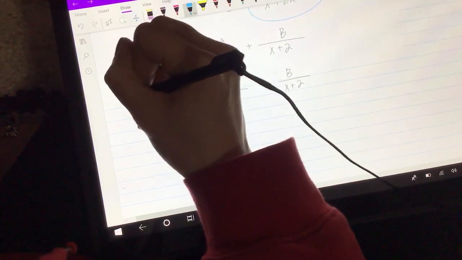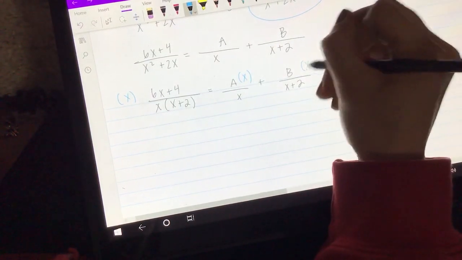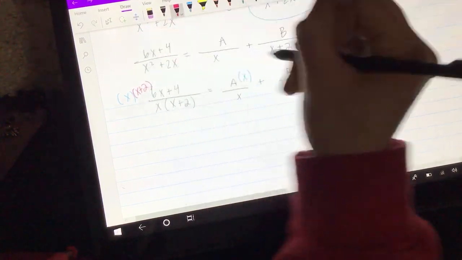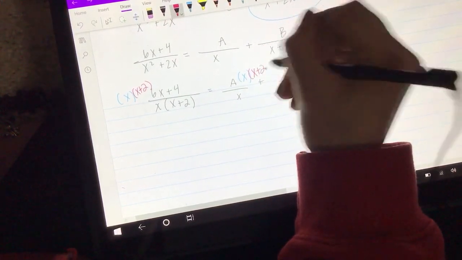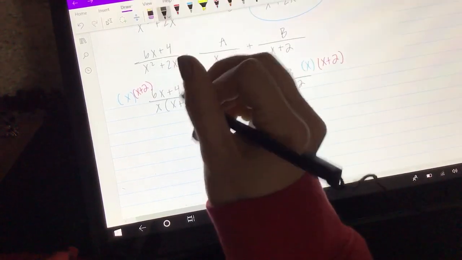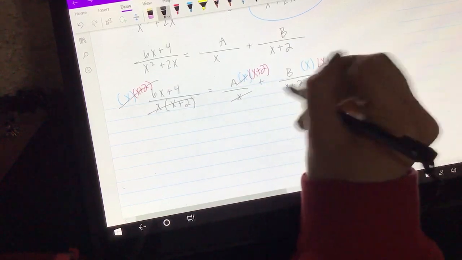Multiply by every factor you see in the denominator to get rid of the denominators. Cancel. Rewrite.